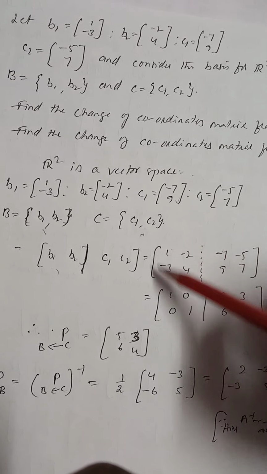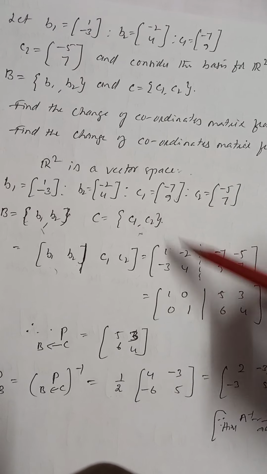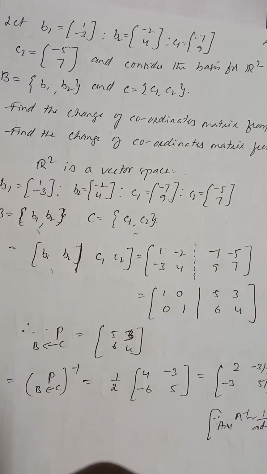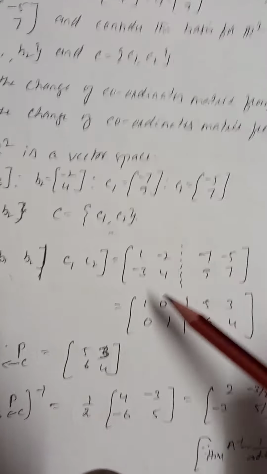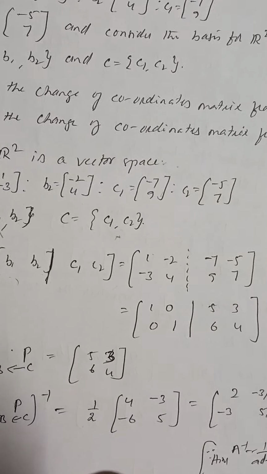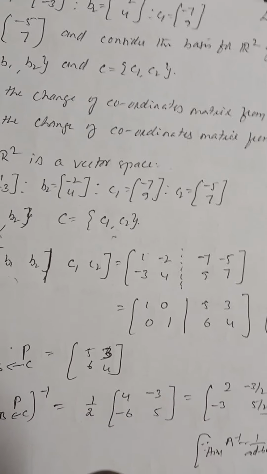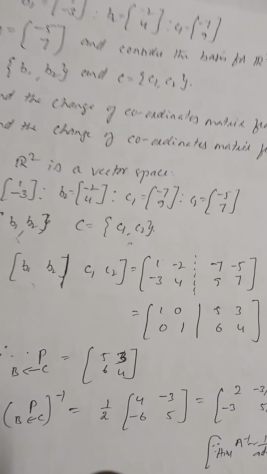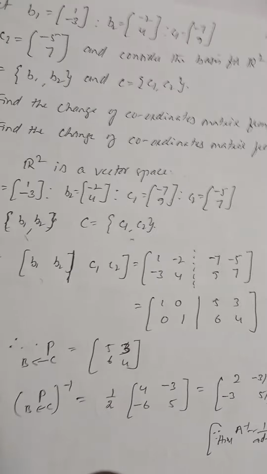After writing that, reduce the first part to an identity matrix by applying row operations. See, the hint is row operations here, right? That means R2 changes to 3R1 plus R2. Similarly, R2 changes to 2R1 plus R2, like that.